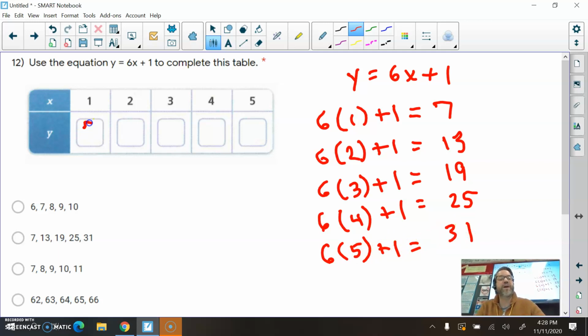So my values here would be 7, 13, 19, 25, 31. Do you see that here anywhere? Yeah. 7, 13, 19, 25, 31. Oh my goodness, nothing to it.